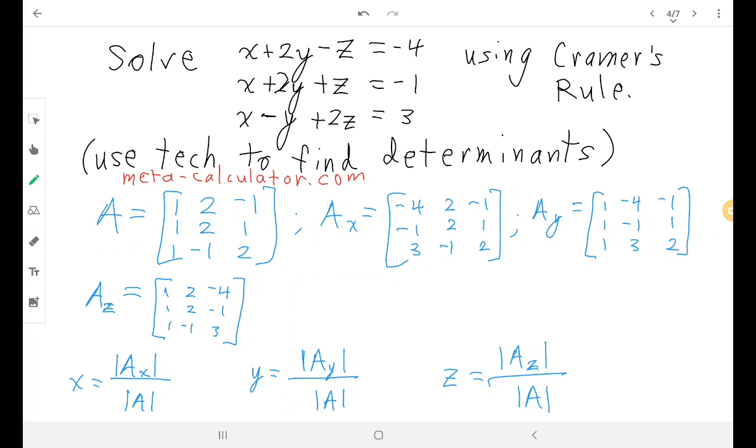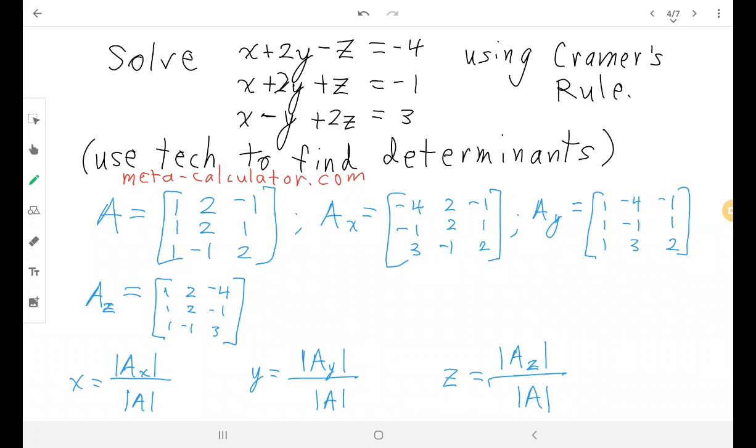So the first matrix B will be our A sub x matrix. So negative 4, 2, negative 1, negative 1, 2, 1, and 3, negative 1, 2.